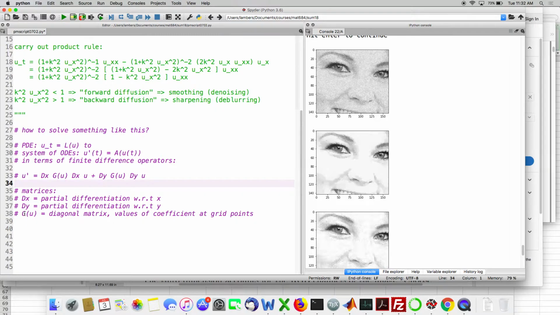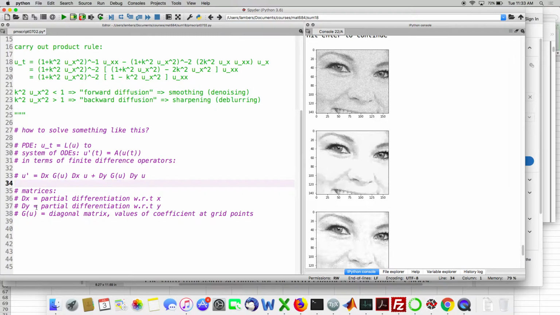Because all you're doing is taking some vector that represents a function at grid points, and then you evaluate your coefficient at those grid points.